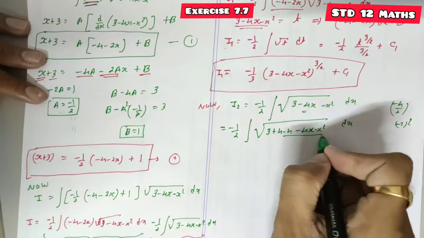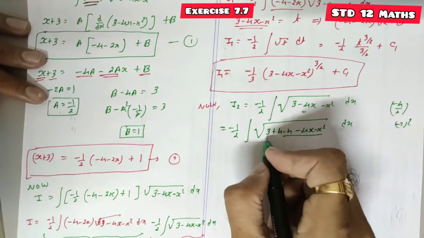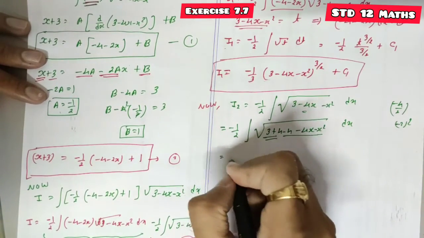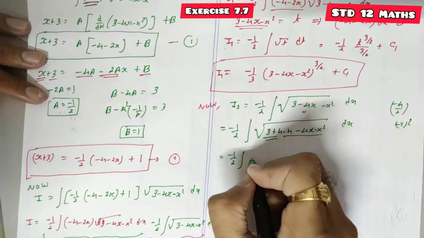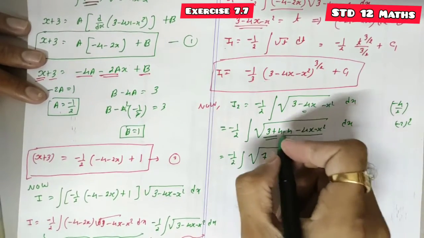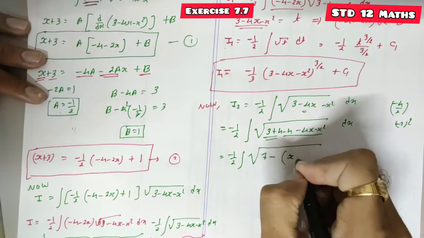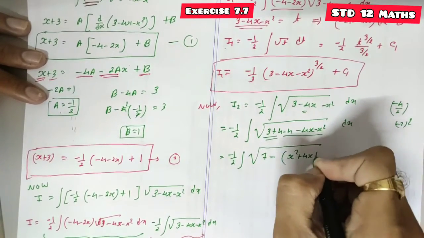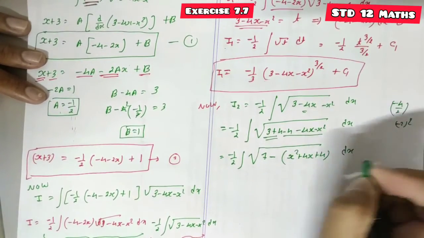Now taking these two terms combinedly, minus sign common, 3 plus 4 is 7. So it's a minus 1 by 2 integration square root of 7 minus, taking minus common, x square plus 4x plus 4 dx.